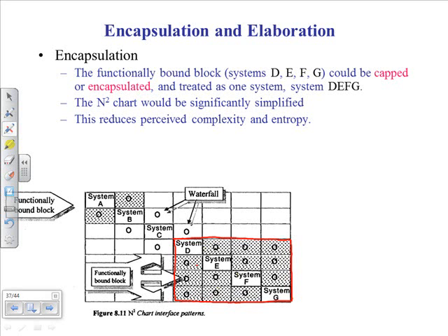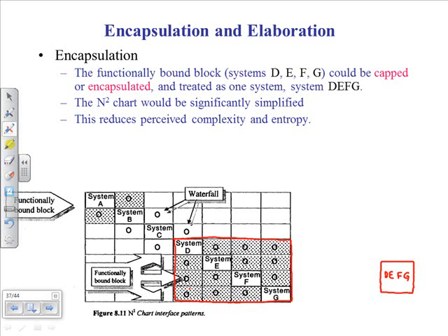And I can write it like this or draw it like this. So I'll call this one system D, E, F, G. I'm not showing the details because I'm trying to encapsulate it. Okay, so when I say system D, E, F, G, I mean this system here.